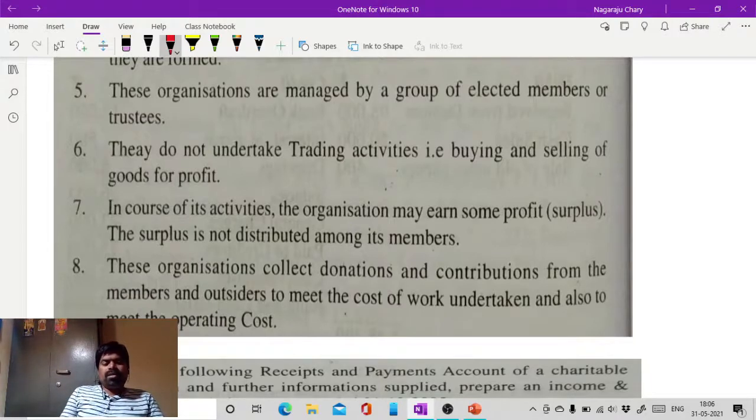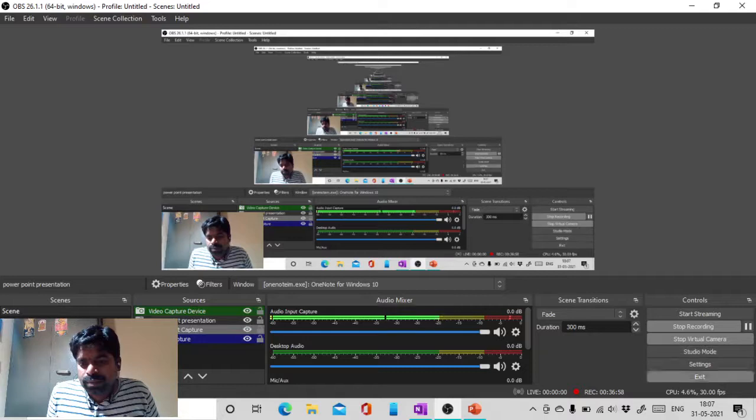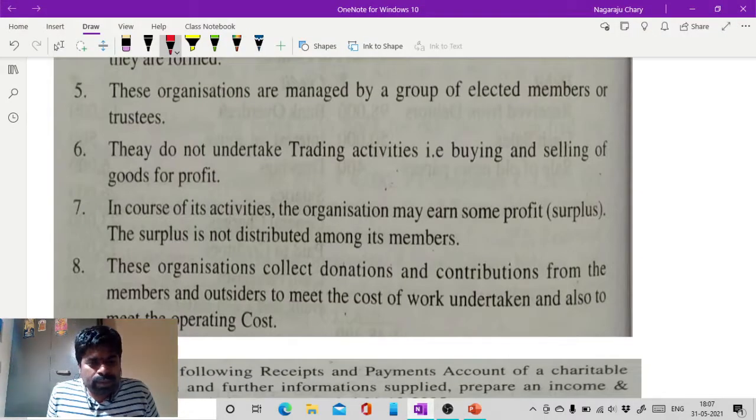Okay, these organizations collect donations and contributions from members and outsiders to meet the cost of work undertaken and also to meet operating costs.